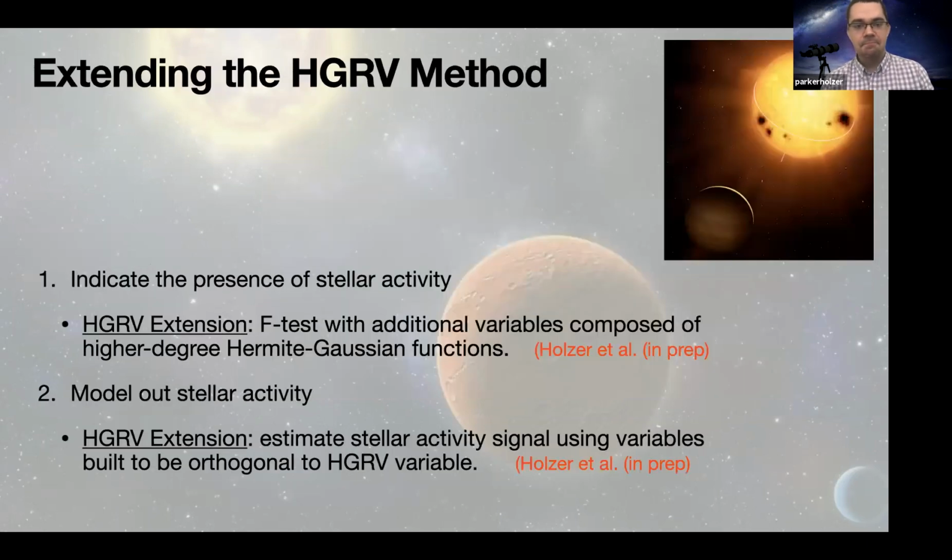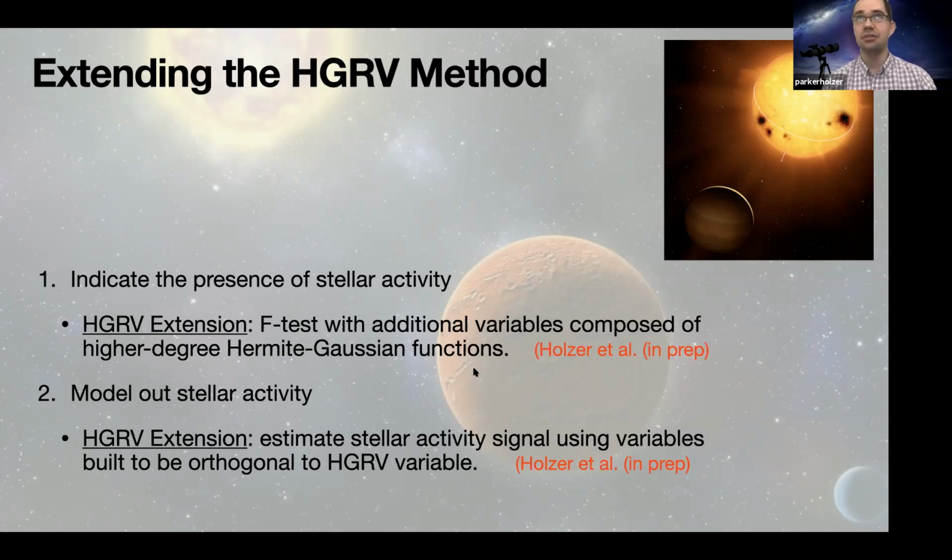Okay, so just as an extra note, this reduction in mean squared error was a little bit of an extra cherry on top, but it wasn't exactly the main motivation behind this method. The main motivation was to be able to extend it for stellar activity, which we're still working on. There are a couple different ways that you could extend this method, probably more that we haven't thought of, but at least one way is to include more than just one of those Hermite-Gaussian functions in the linear model.